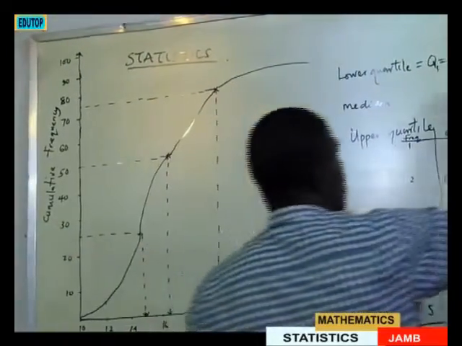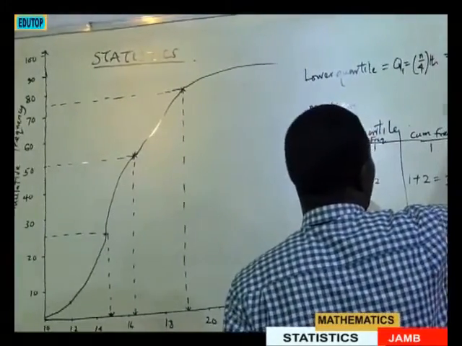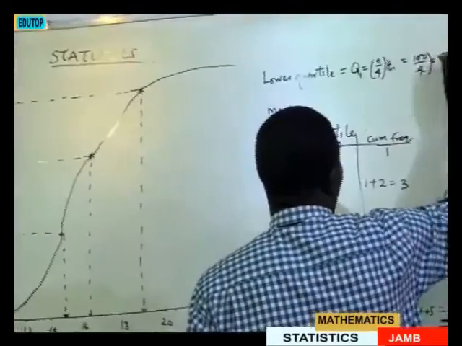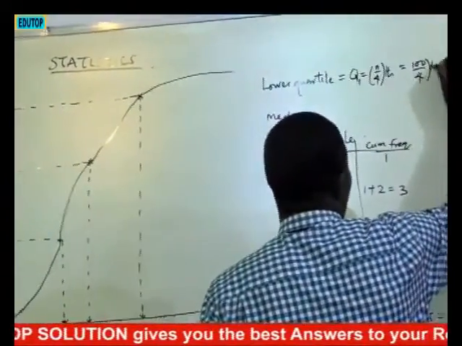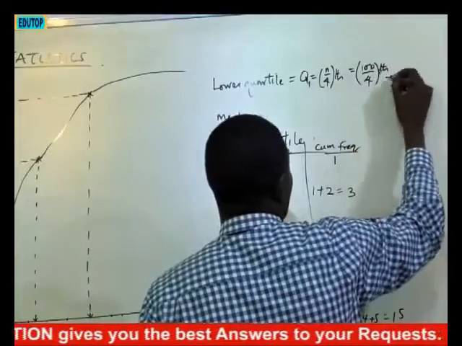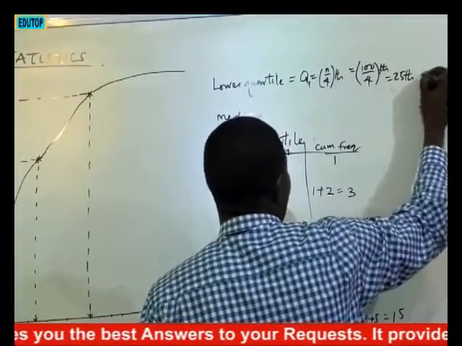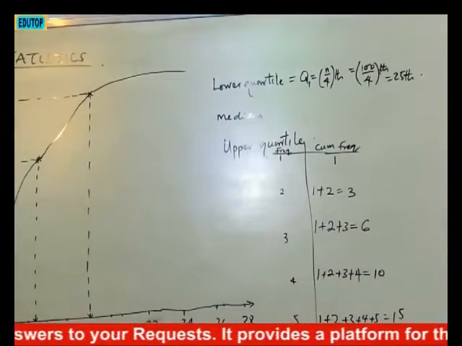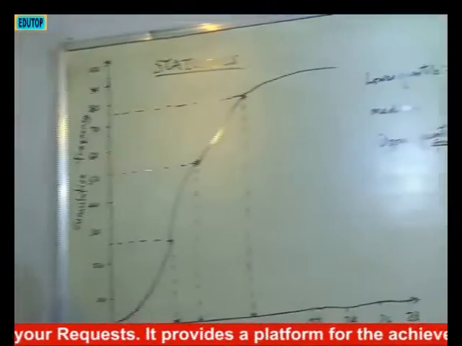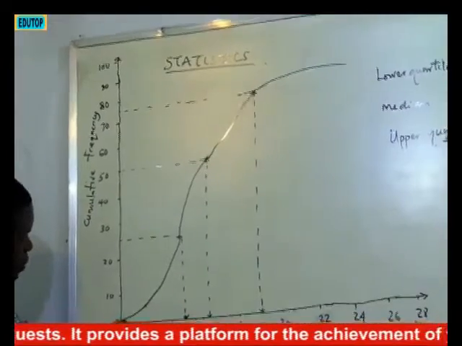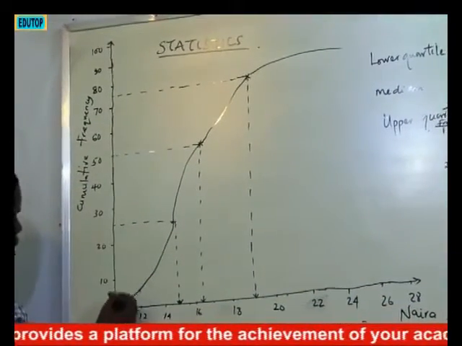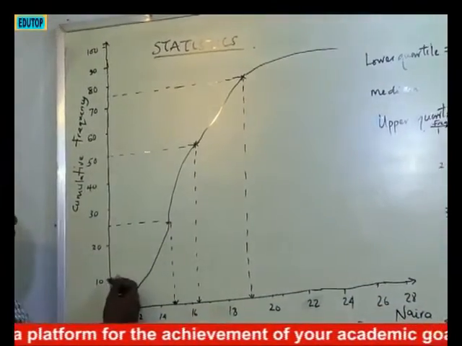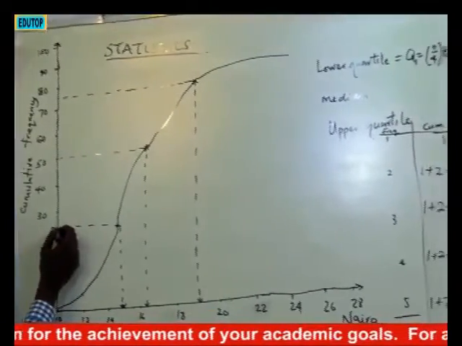So it will be 100 over 4 th, and that will be 25, that's the 25th. So you go along the vertical axis. This is 10, this is 20, and this point is your 25.